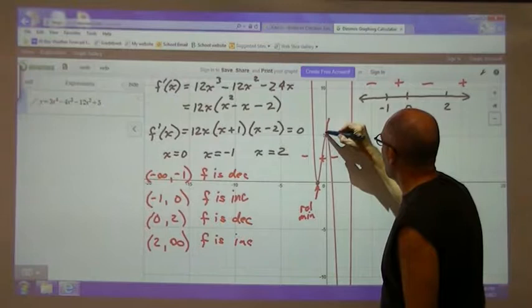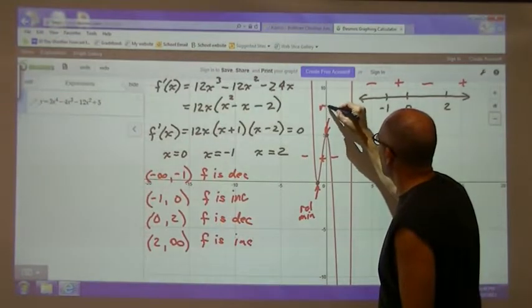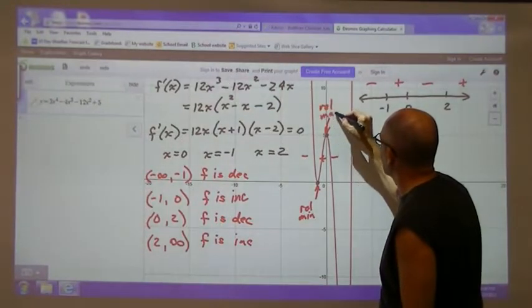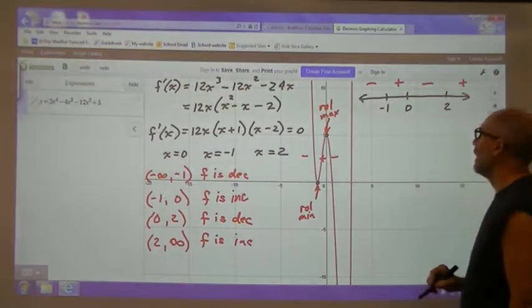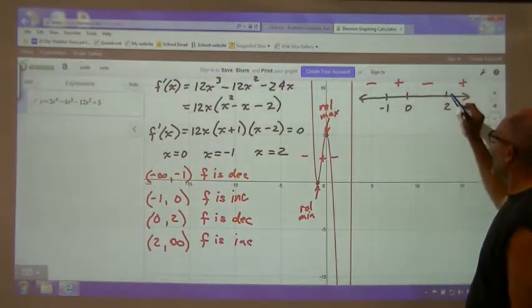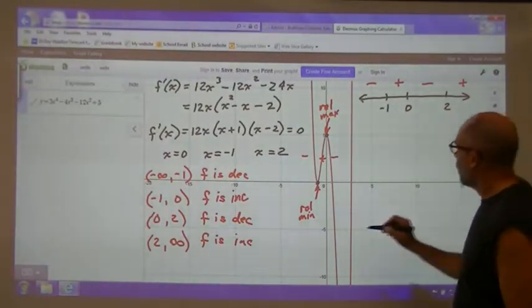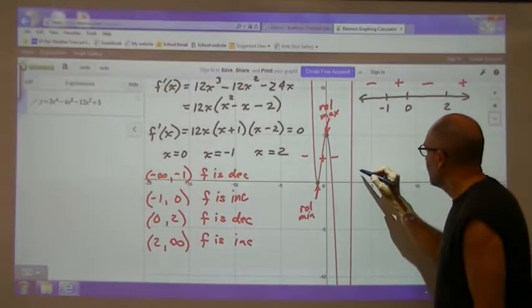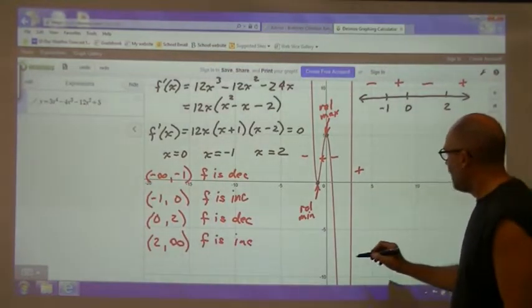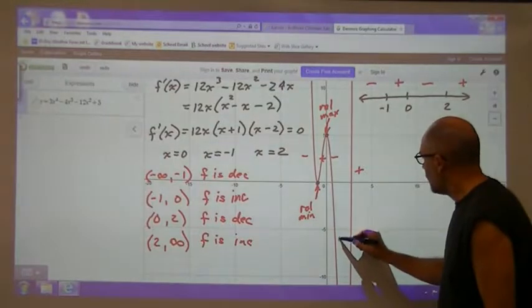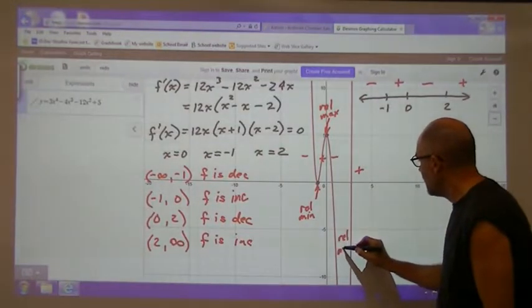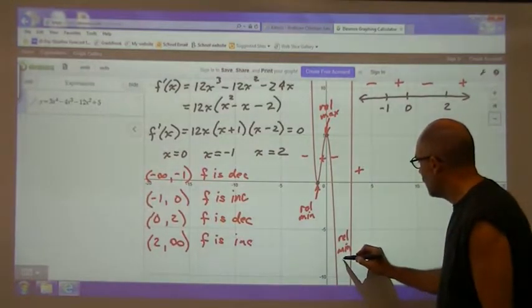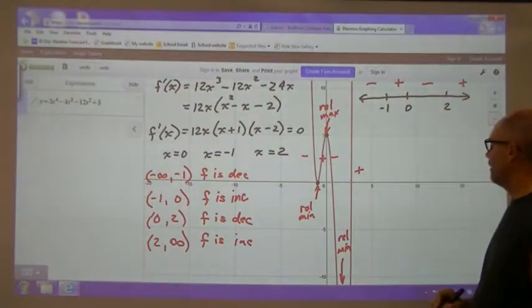That means right there at that point is a relative max. And then at x equals 2, we're going from negative to positive, and that means at that point we have a relative min way down.